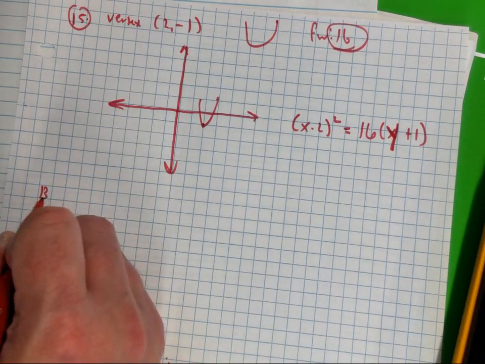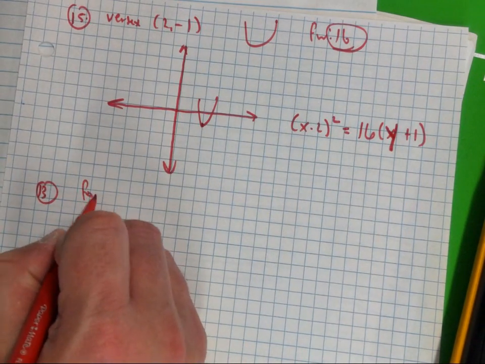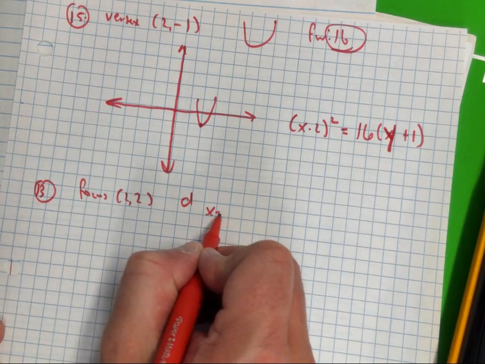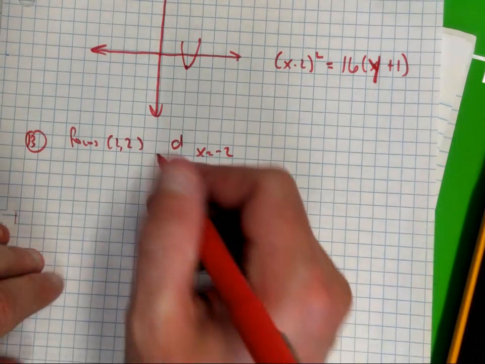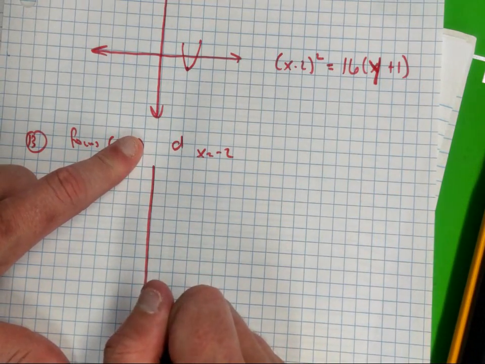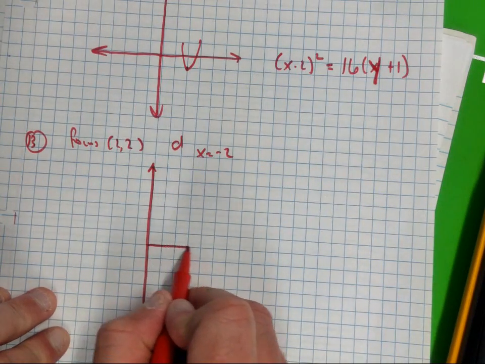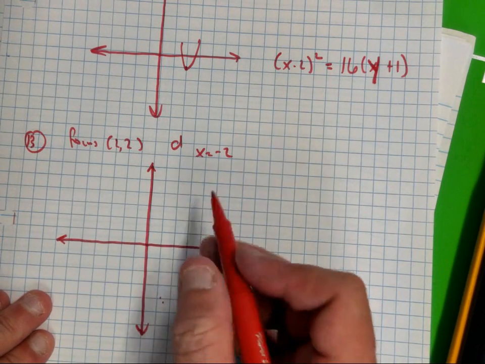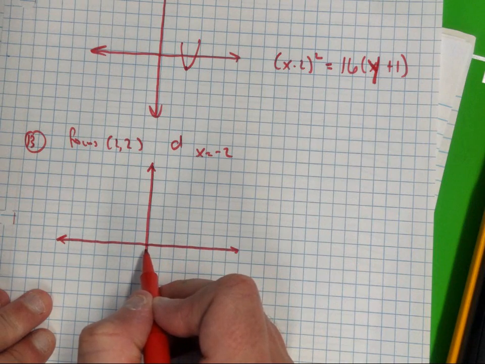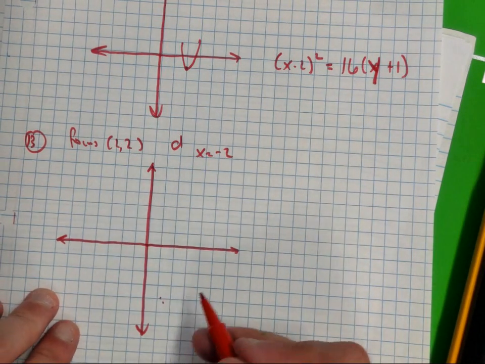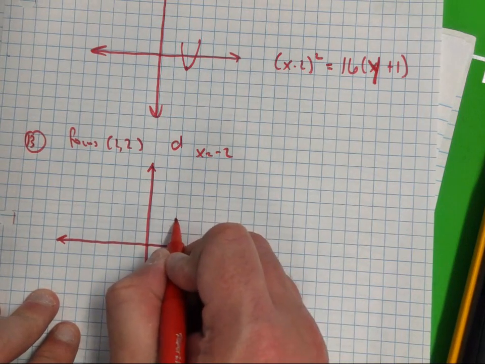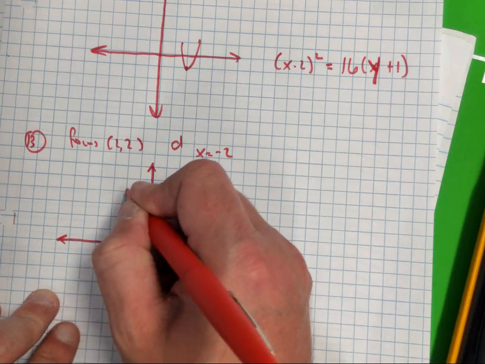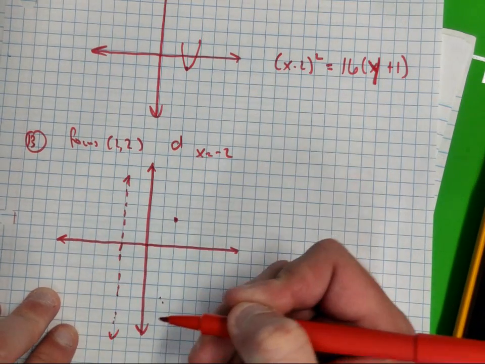Let's go back to 13 real quickly. Focus is (2, 2). Directrix is x equals negative 2. Ooh, I like this one. You have to find the center. So we do not know the center of this.